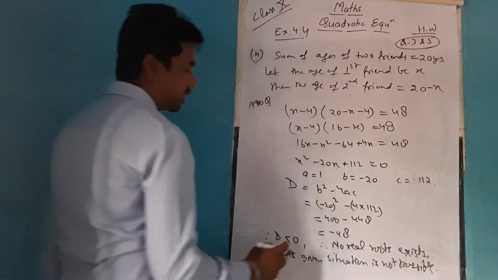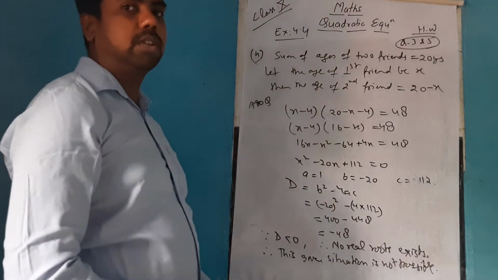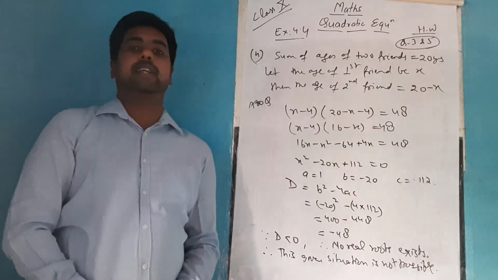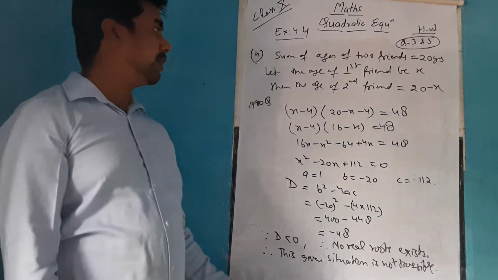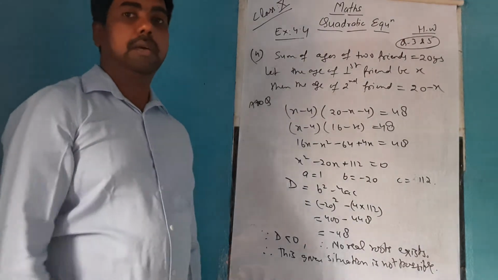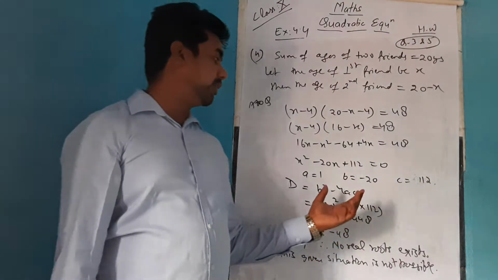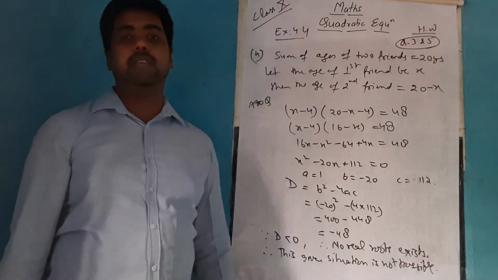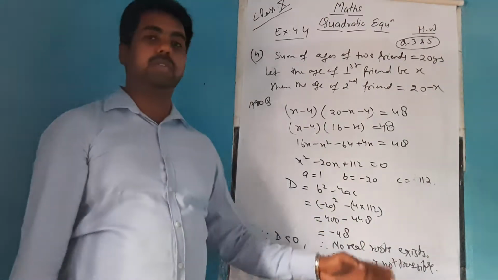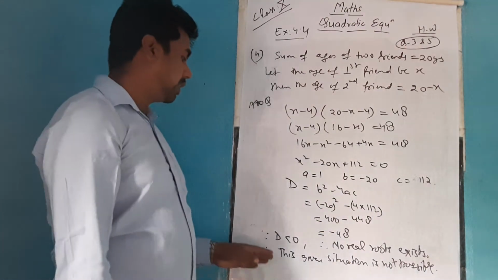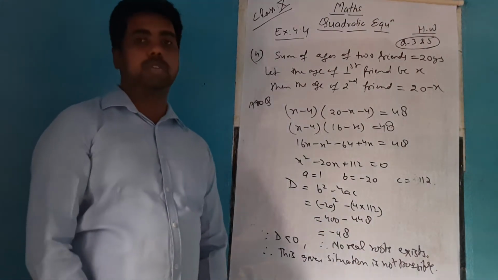If we had got D equal to 0 or greater than 0, then we would have got the value of x and decided the ages of the friends. But accordingly the value of D came out negative, and when D is negative no real root is possible. Therefore the given situation is not possible.